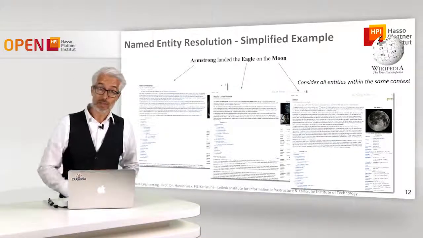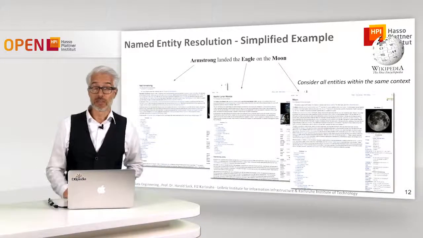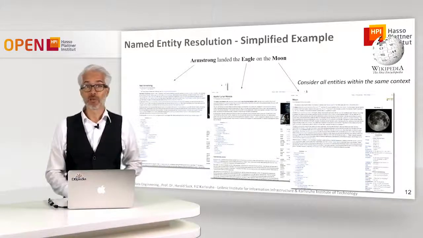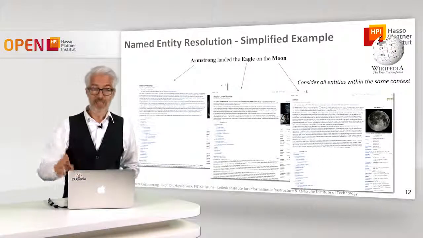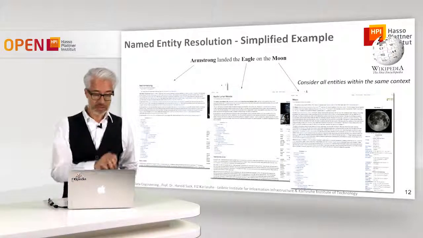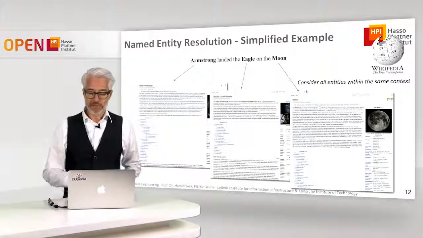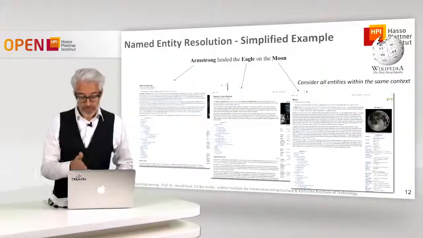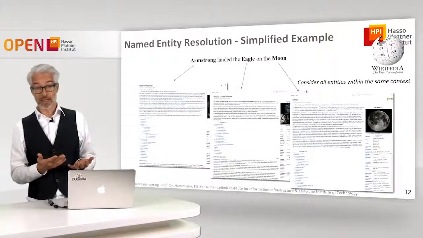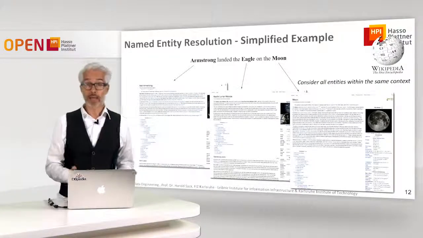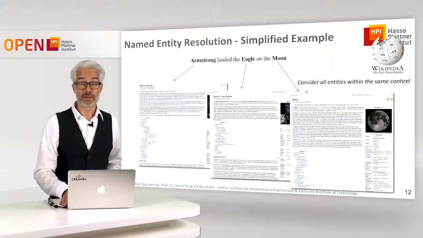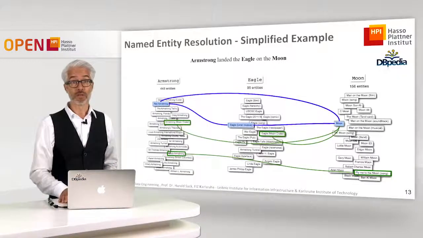And then do the same with the possible candidates for Eagle. Look how often Eagle the bird appears in the Neil Armstrong article and how often Eagle the lunar lander appears in the article of Neil Armstrong. And then do this with the Moon. So you see, you can statistically find out what is the most likely solution. And this would be one strategy for entity disambiguation.